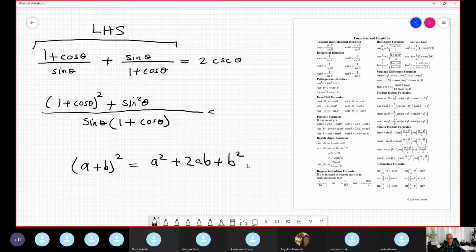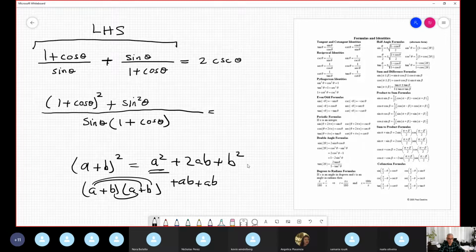Some students got lazy, don't memorize this formula, it's super easy. And apply FOIL. Let's do it quickly. It's a plus b times itself, is a squared, ab, again, ab, and b squared. And this and this together is twice.